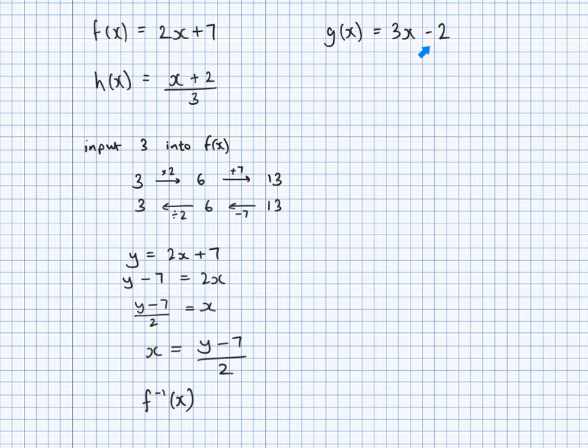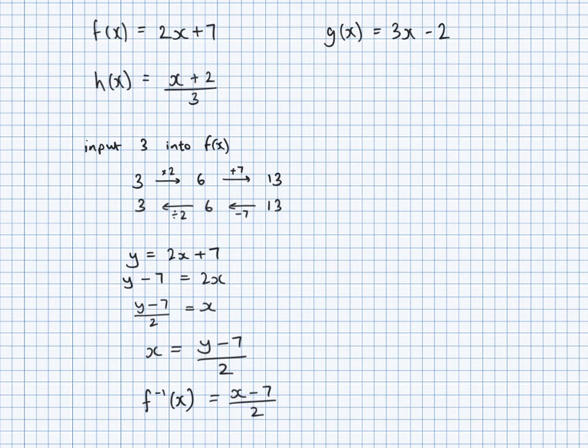Now, the function is take away 7 over 2. I'm just going to write x take away 7 over 2. This is now a new function, and x is my input for this function, and the output that I get is f minus 1 of x, which is the inverse of that.